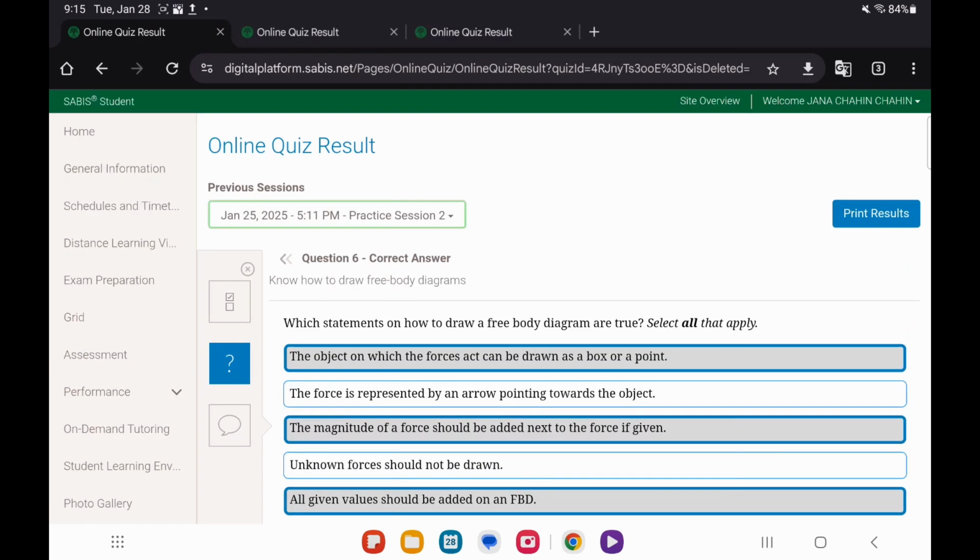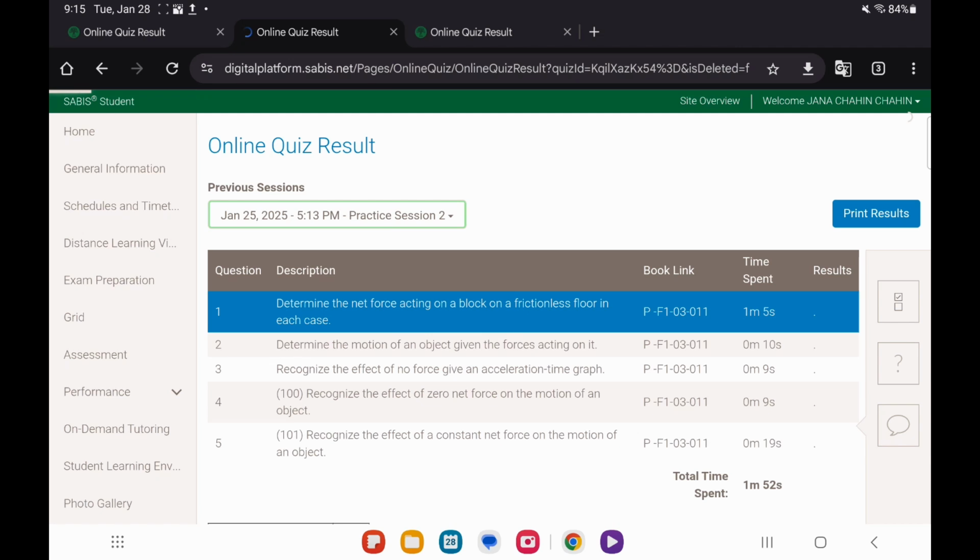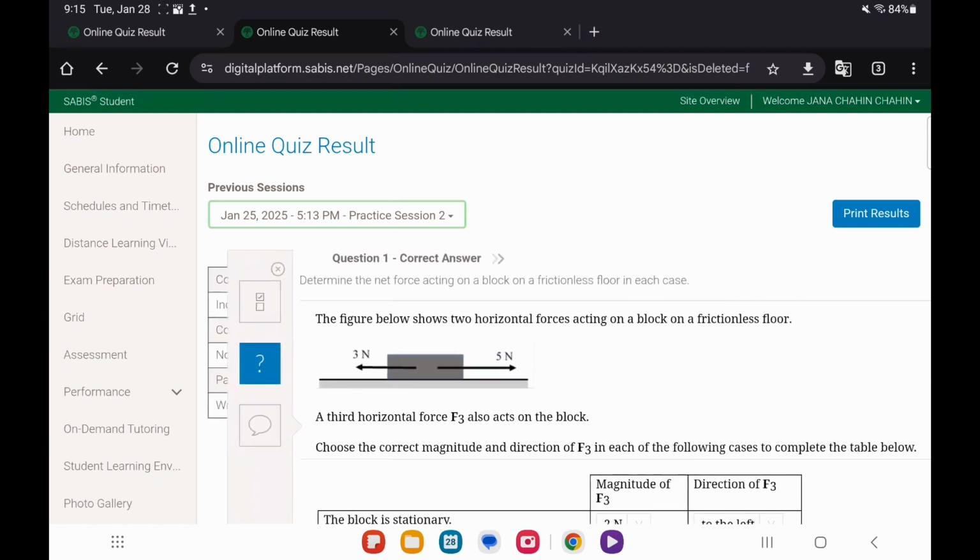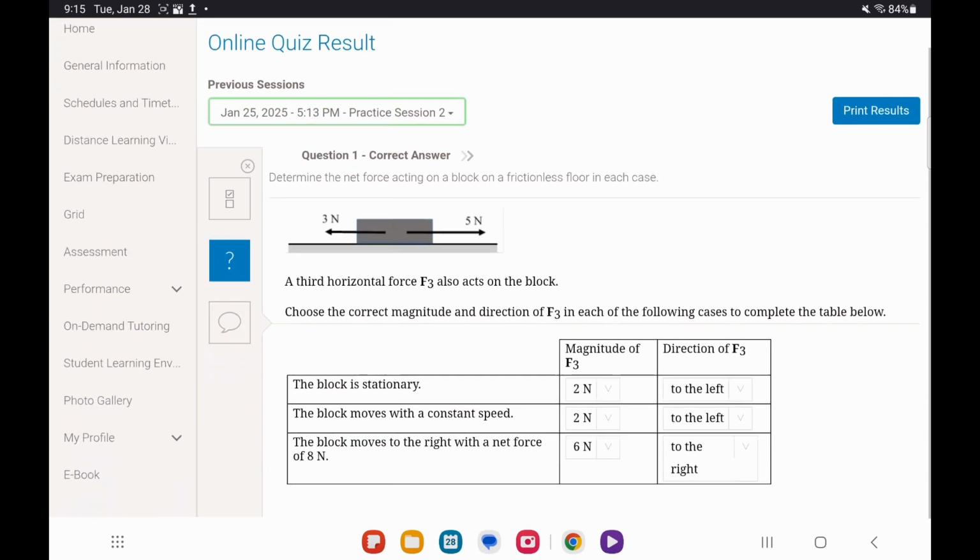Now 3.11. First question. This confused a lot of people, but this is how I understood it, so I'll make you understand it. Since we want it to be stationary, it means it will be equal to 0 newtons. We need both sides to be equal.